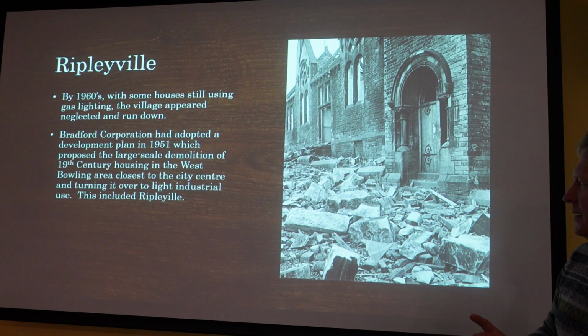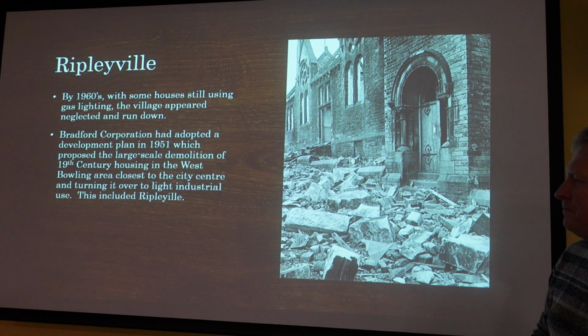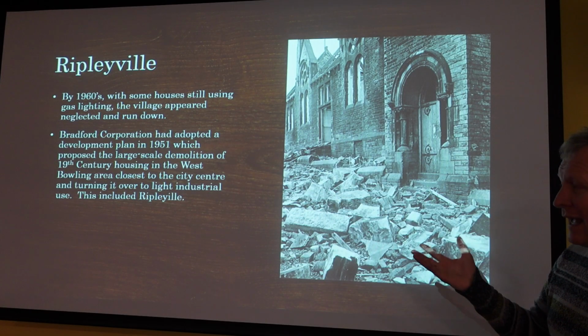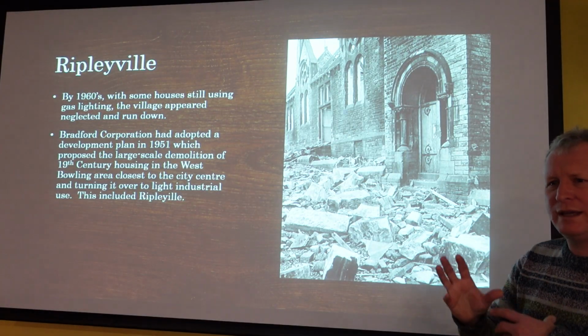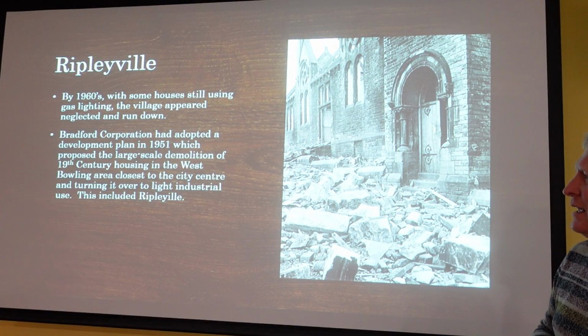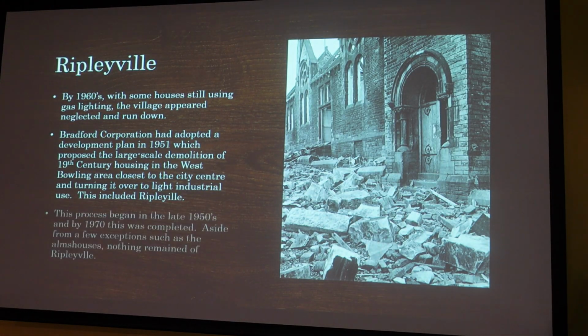So places like Barkerend, New Leeds, Broomfields and Ripleyville, areas bordering on West Bowling, East Bowling and Barkerend. So it got caught up within that.